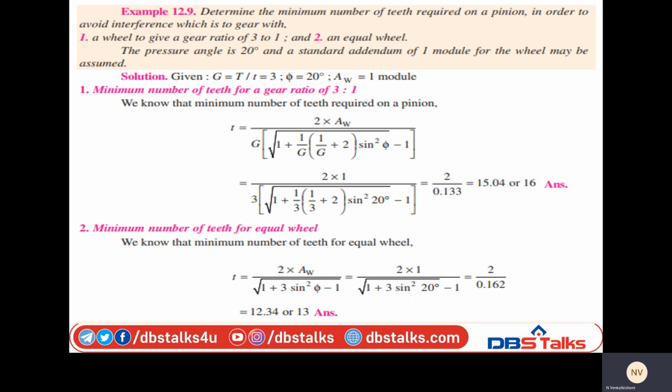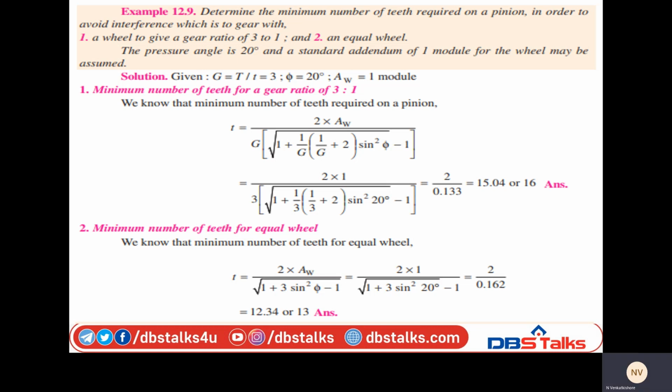Actually, if you clearly observe, in the question they have given the wrong information. What is the data that has been given? Addendum of the wheel has been given, but what is the minimum number of teeth required on the pinion? How can we calculate? Not possible. See, it has given the addendum of the wheel.